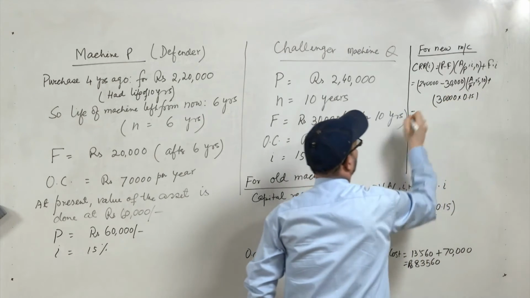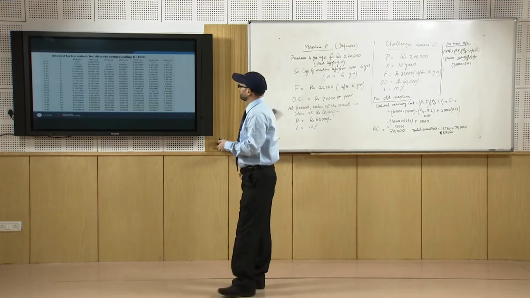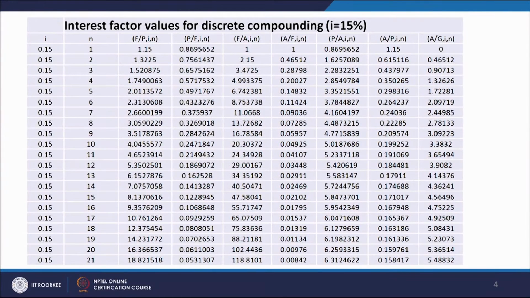Now, we will see the value of A/P 15, 10. We can see from here, n equal to 10, so we come to this line, A/P 15, 10 is 0.199.